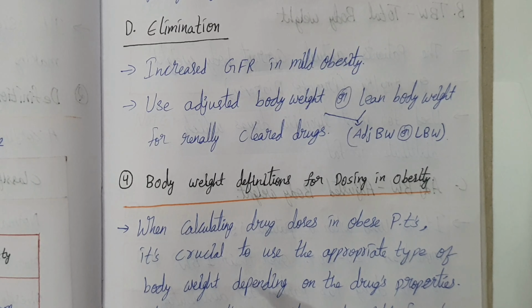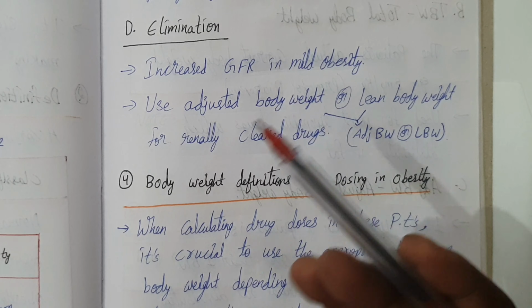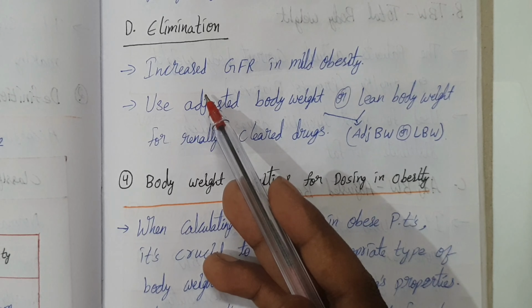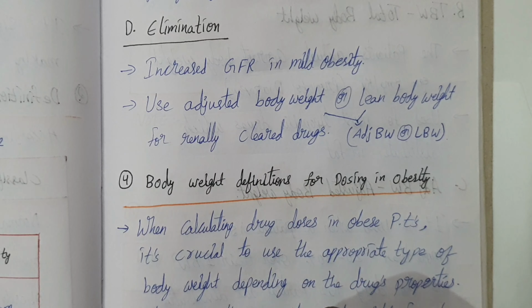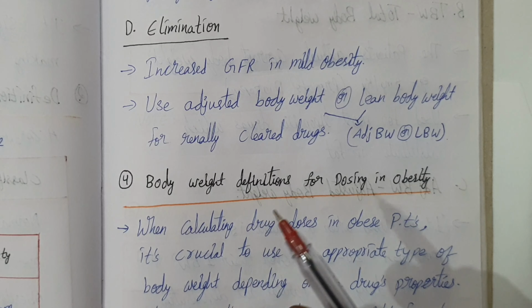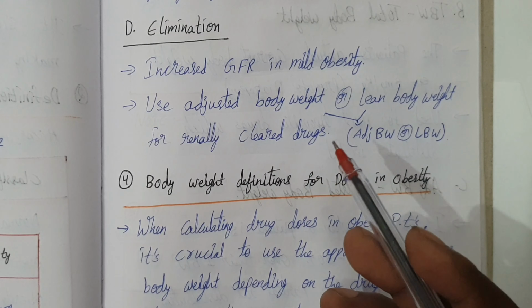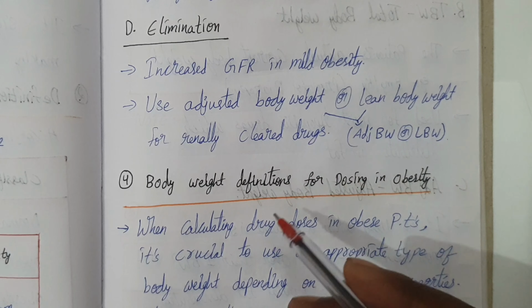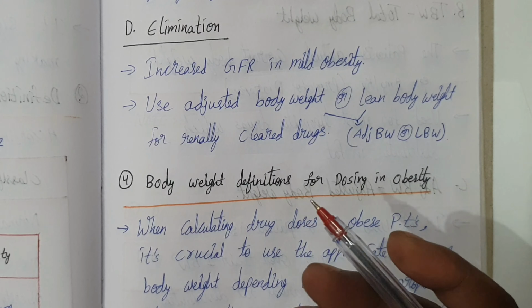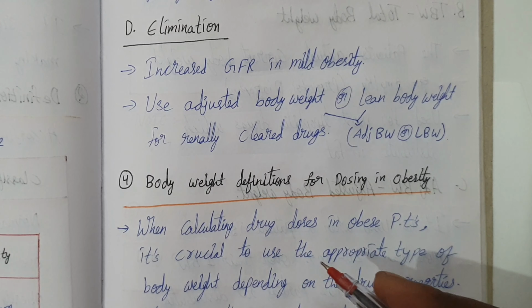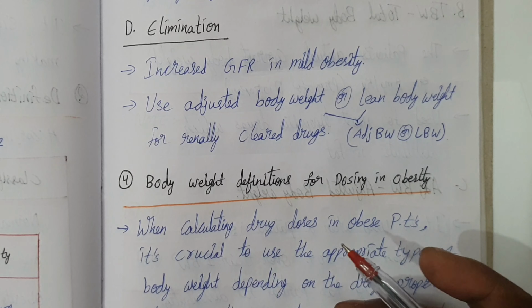Now the elimination is mostly through the kidneys. In obesity, GFR increases, meaning that renal clearance may be faster. That's why we don't use just TBW for renally cleared drugs.